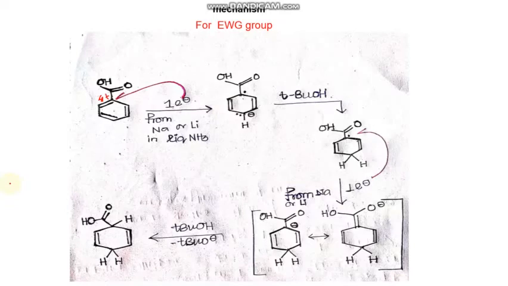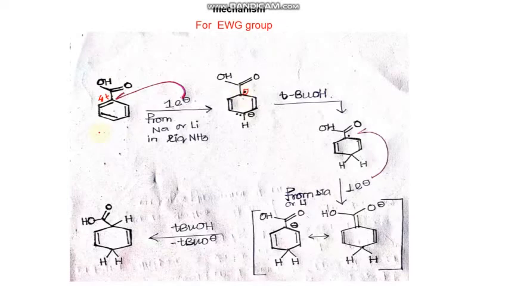That's why you have to remember this is a single electron transfer mechanism. It transfers only 1 electron per step, onto this electron deficient carbon atom.